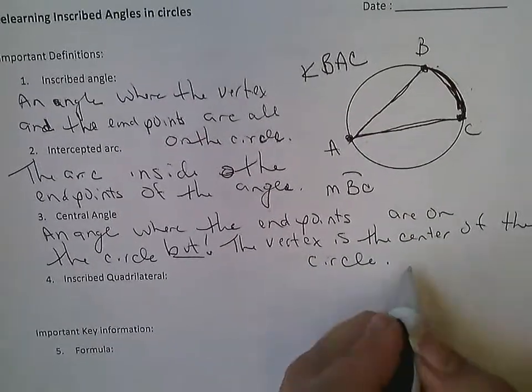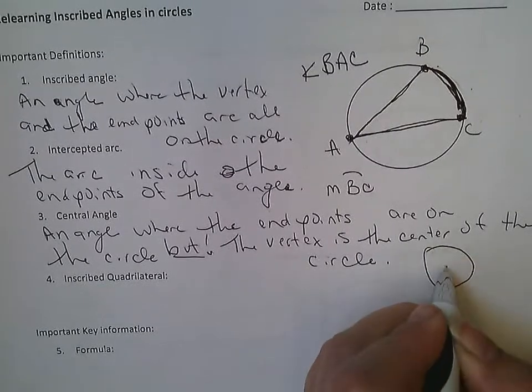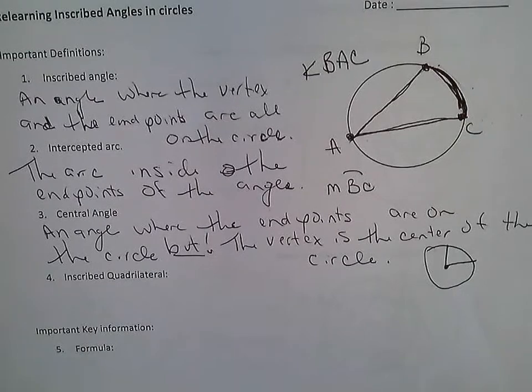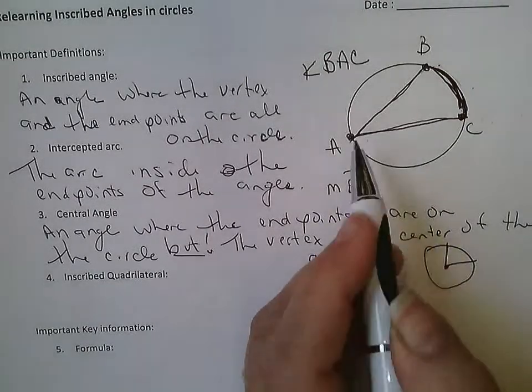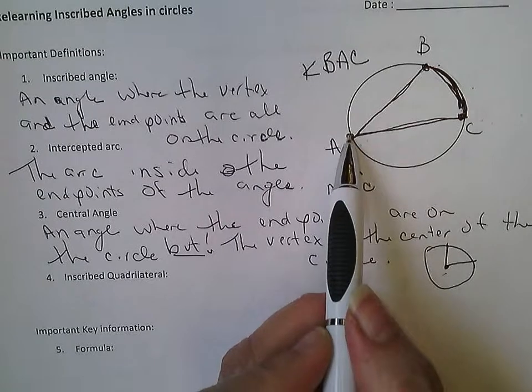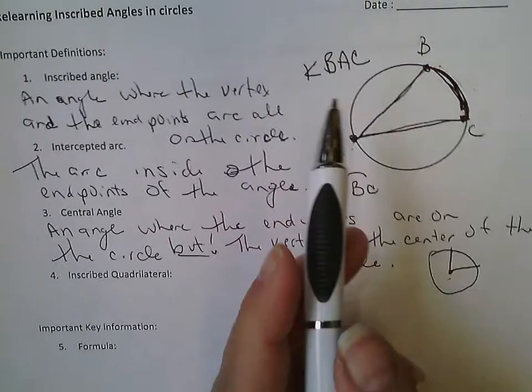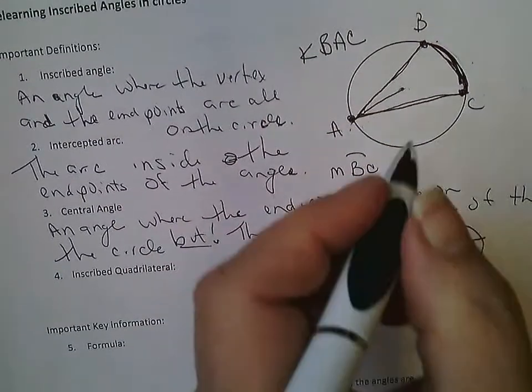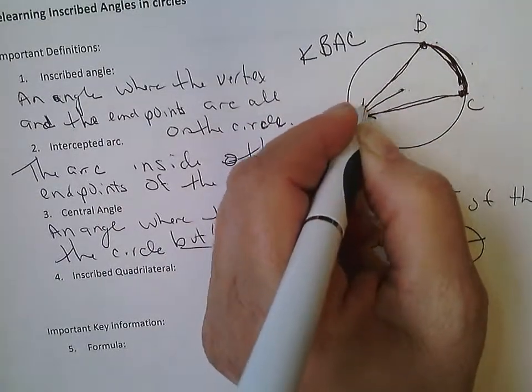So the center of the circle is our vertex, and these are our angles. So there's a very different topic that we're talking about. We're now moving that vertex from the center all the way to the edge.